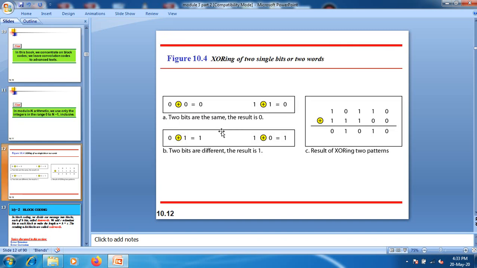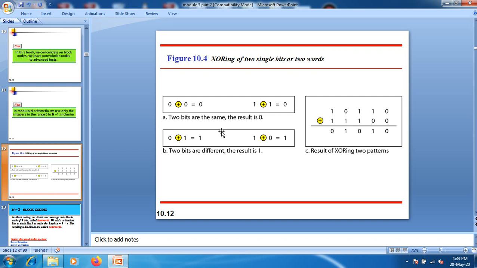If you look at the simple arithmetic operations, where we are not at all using the carry system, that is, in a simple arithmetic, 0 plus 0 yields 0, 1 plus 0 yields 1, 0 plus 1 yields 1, 1 plus 1 yields 0.